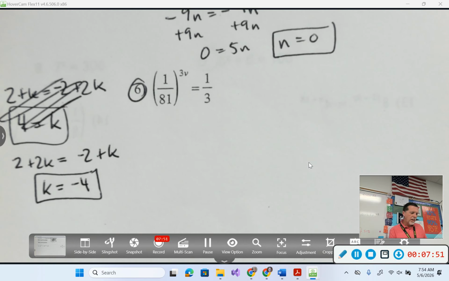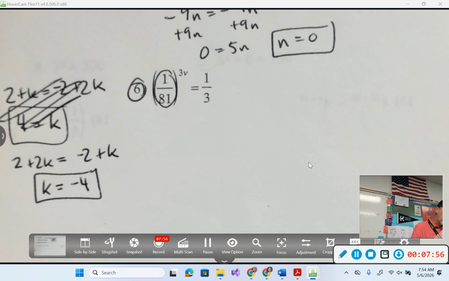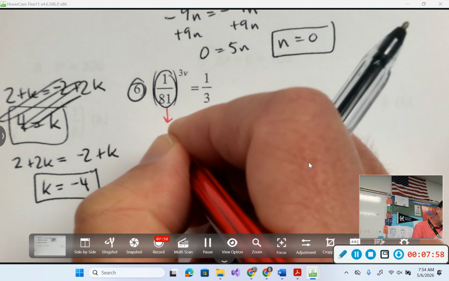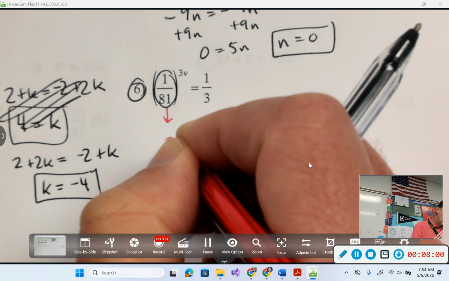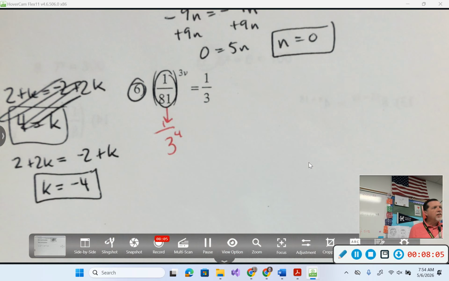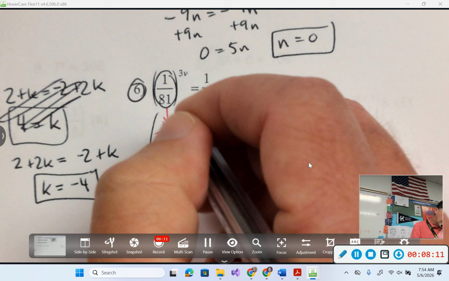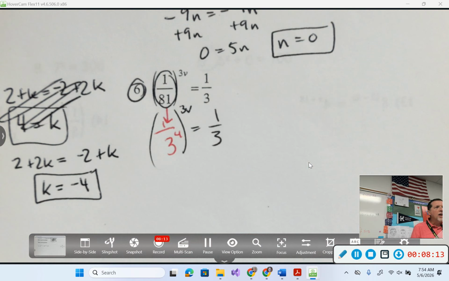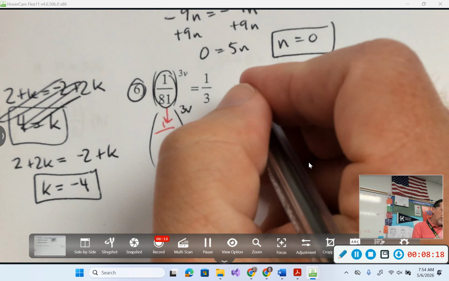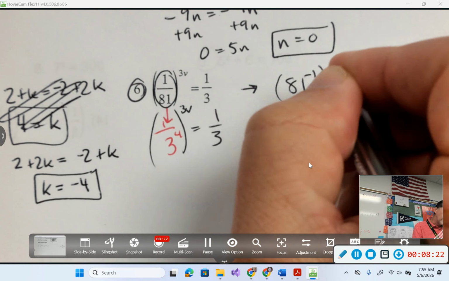And then lastly, 1 over 81. How could I rewrite 1 over 81? 1 over 3 to the power 4. Oh, there's different ways to go here. I think I heard 1 over 3 to the 4th. That would work. Which would be nice because then it matches the other side. Ava, were you thinking something different? Yes. So you could have done that as 81 to the negative 1.